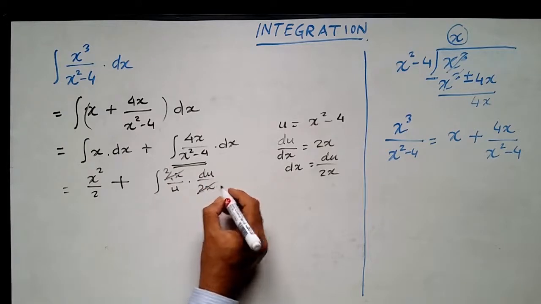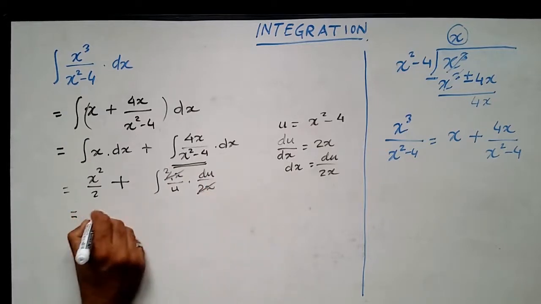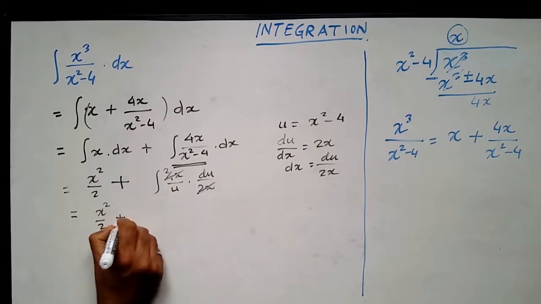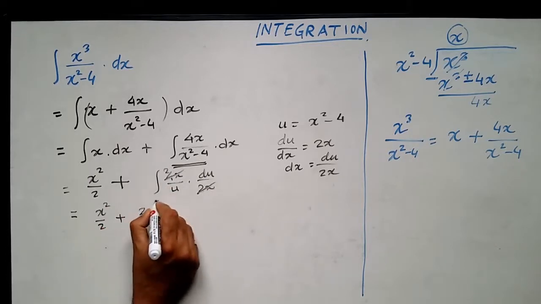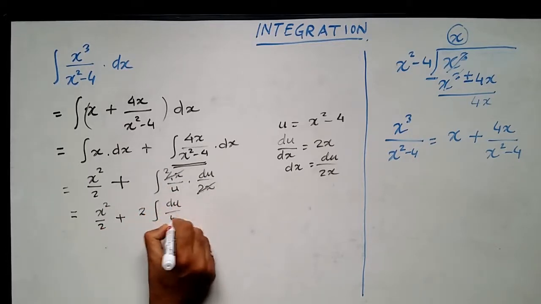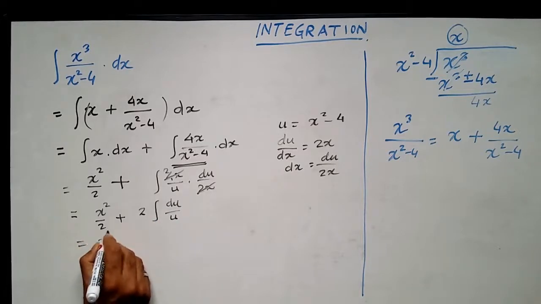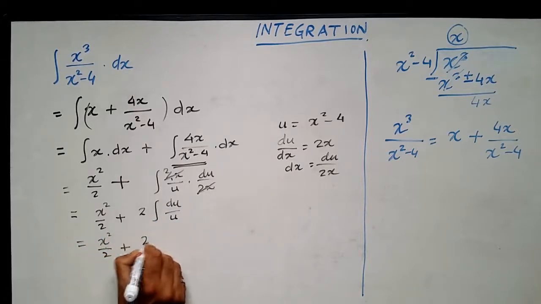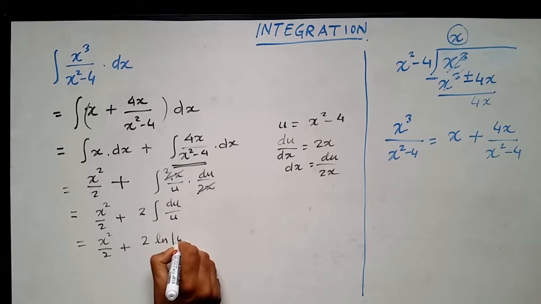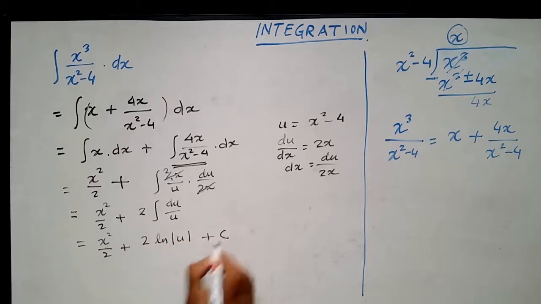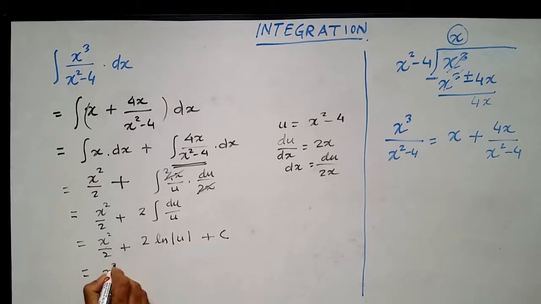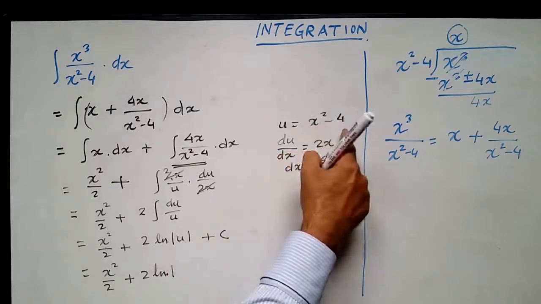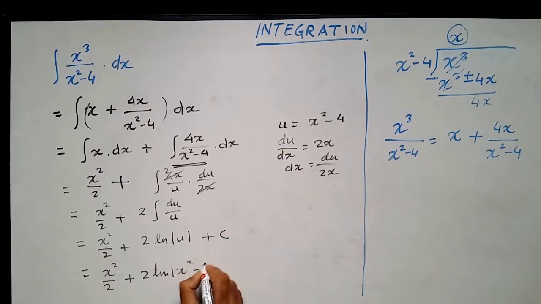So this turns out to be x squared by 2 plus, we can take 2 outside, integration of du by u, and we do know that integration of du by u is ln absolute value of u, and we add the constant of integration. So finally the answer is x squared by 2 plus 2 ln absolute value of x squared minus 4, we replace the value of u by what we have substituted, plus c.